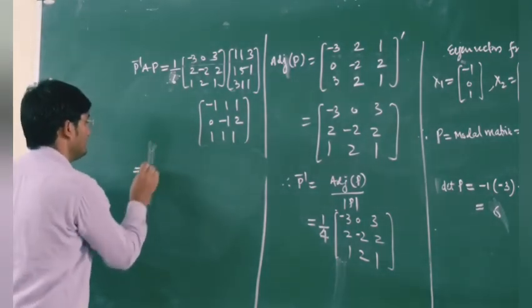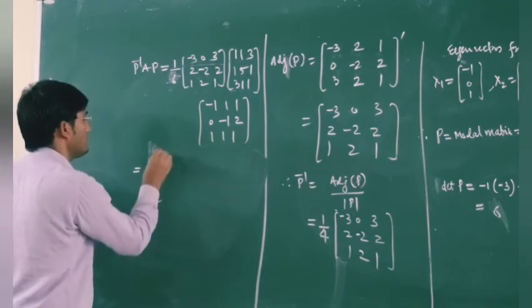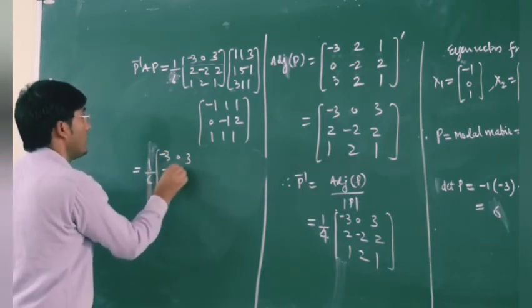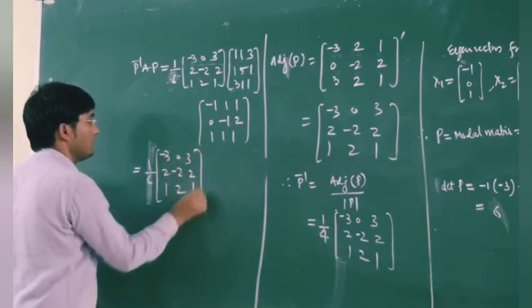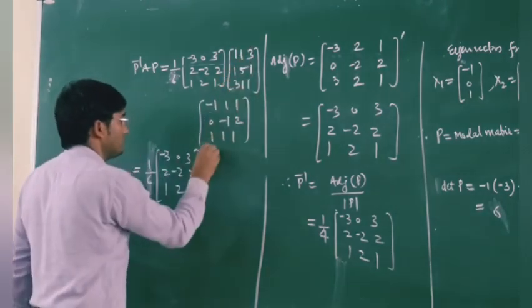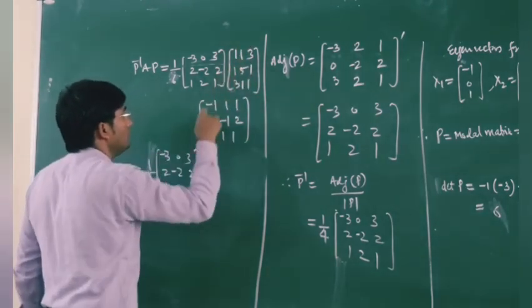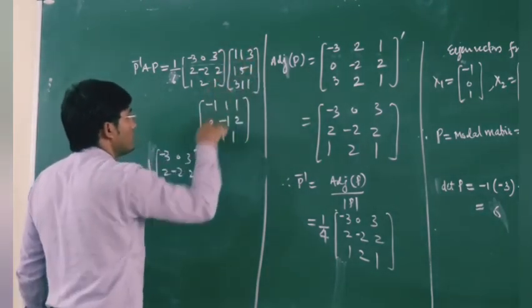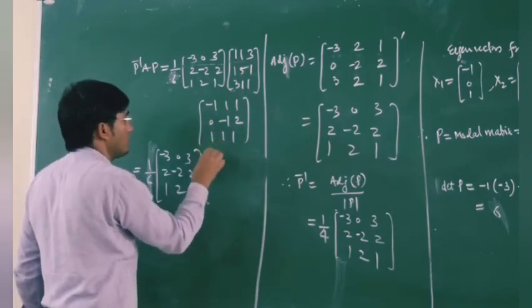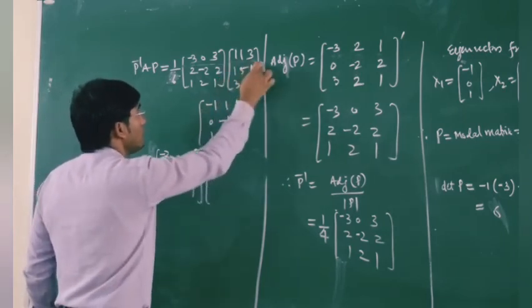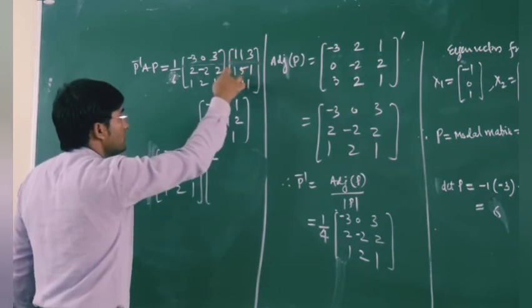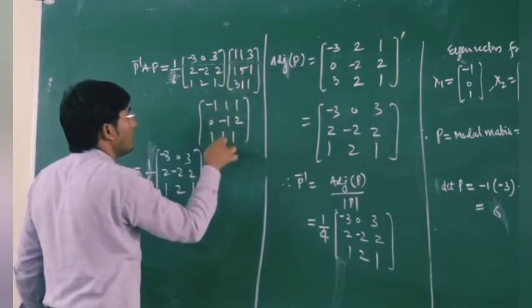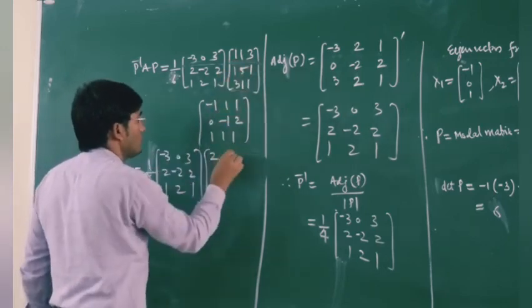Just multiply this, your 1 by 6, we have minus 3, 0, 3, 2, minus 2, 2, 1, 2, 1. Then if you multiply these two matrices, we will have row into column. So this row into this column, we will have minus 1 plus 3, so this will be 2. Then the first row into the second column, we have 1 minus 1, so this will be 3.